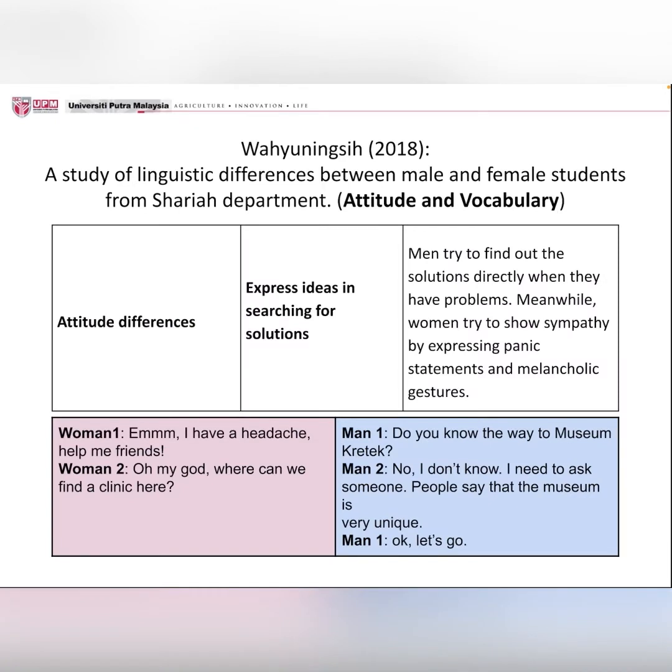Another difference that can be highlighted is according to Wahyuningsih, who studied the linguistic differences between male and female students from a religion department.